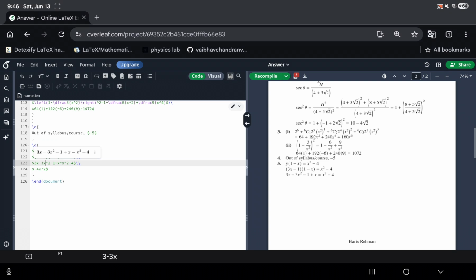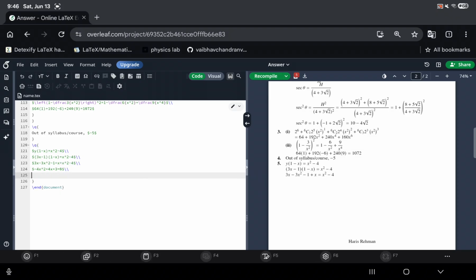So 3x plus x plus 4x minus 1 plus 4 is equals to 3. Negative 1 plus 4 is equals to 3 is equals to 0. Is this? Yes, we get good values. Nice.